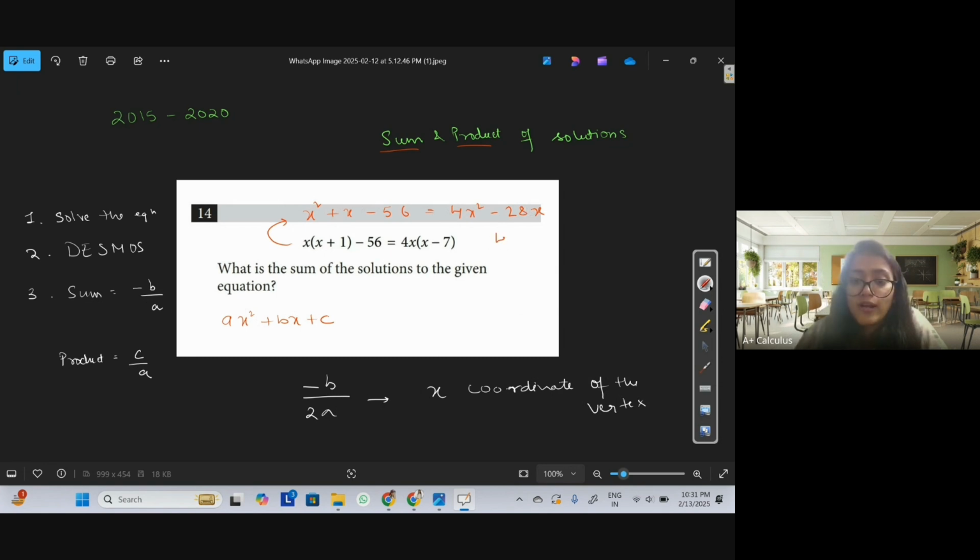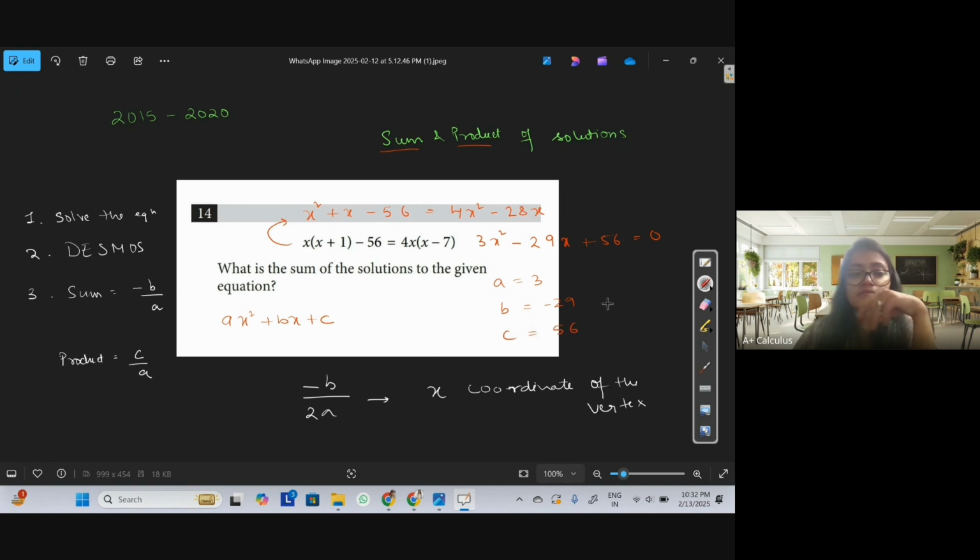So 4x squared minus x squared will be 3x squared. Minus 28x minus x will be minus 29x. And plus 56 is equal to 0.